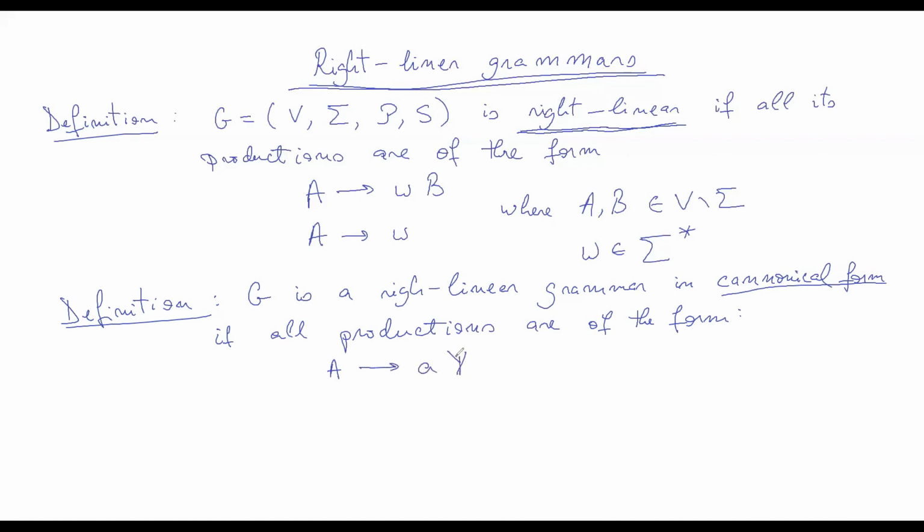I'm sorry, let me use just B, just so that it's just like before. Or the other one is A goes into epsilon. And just like before, A and B are non-terminals, and this a is just a single letter.